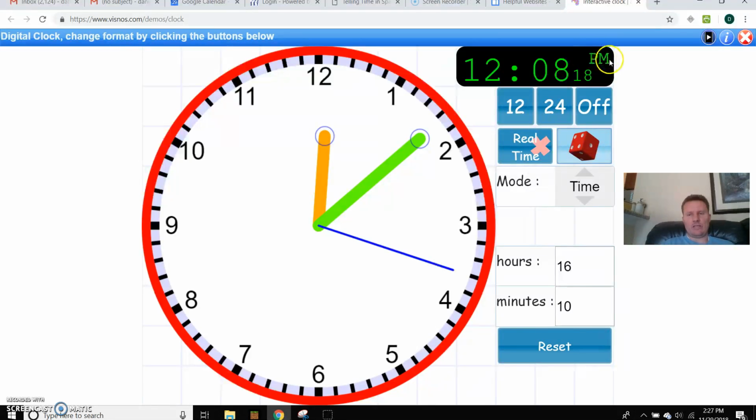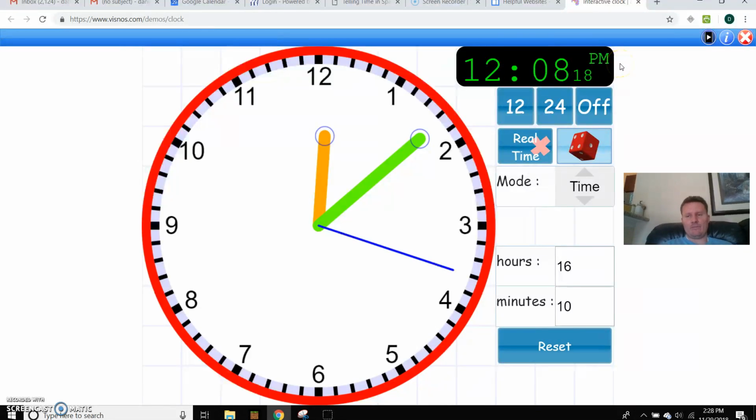So you're going to say of the afternoon, which would be translated as de la tarde. Okay? If it was nighttime, it would be considered de la noche, which means night. And if it was AM here, it would be de la mañana. So again, this would be son las 12:08 de la tarde.